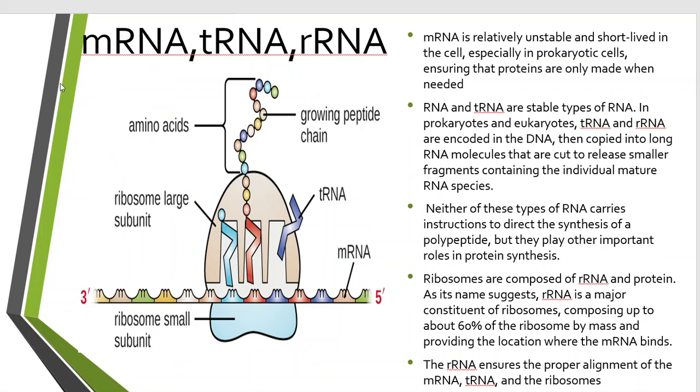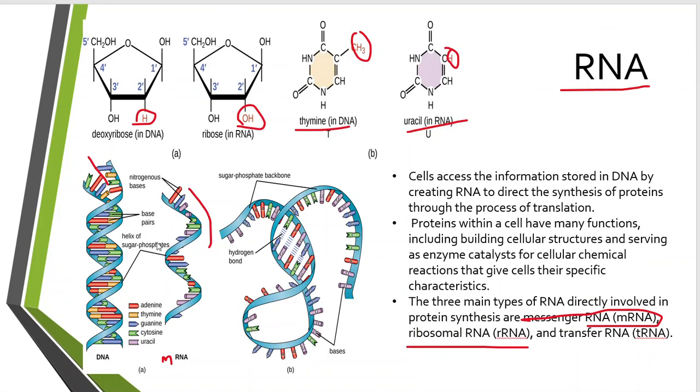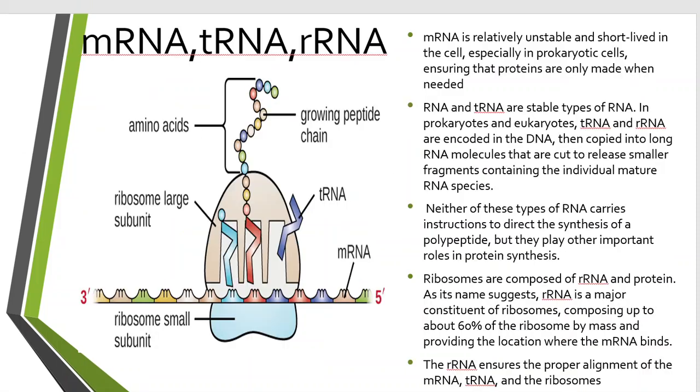Okay, let me just say this. When I make an RNA copy of a DNA, that is called transcription. When I copy my DNA in order to do mitosis, that is replication. These terms have to be kept straight.